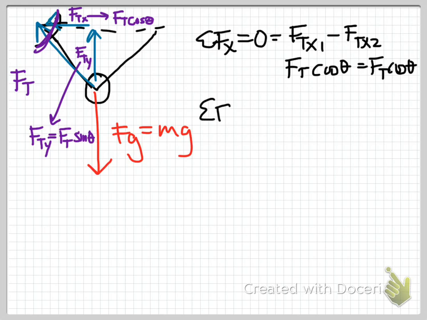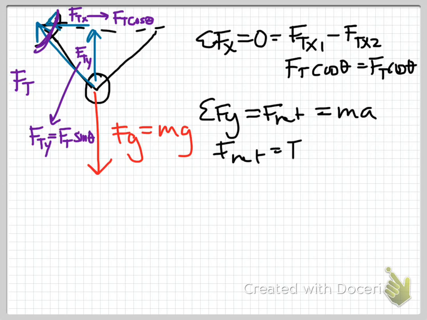All right, so our net sum of forces on the y is going to be equal to our net force. That's where we have unbalanced net force. And that's equal to mass acceleration, and it's also equal to all the forces up minus all the forces down.